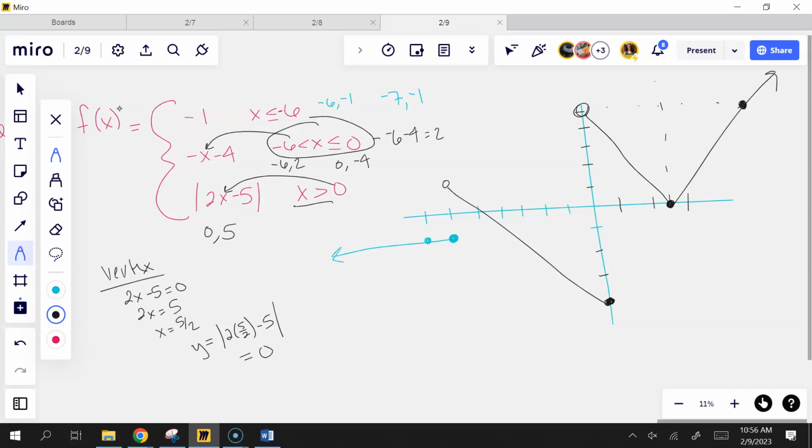Where do you see 3, 0? Does that make sense? Is that way easier than the other way?